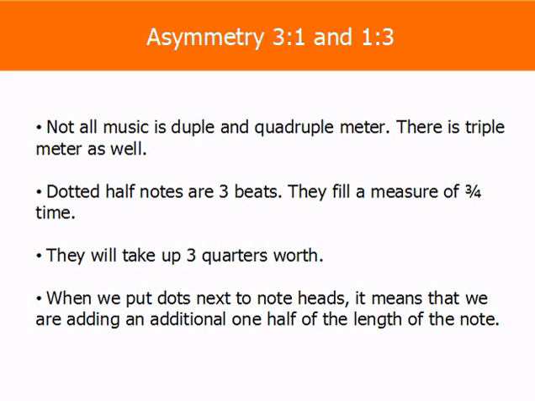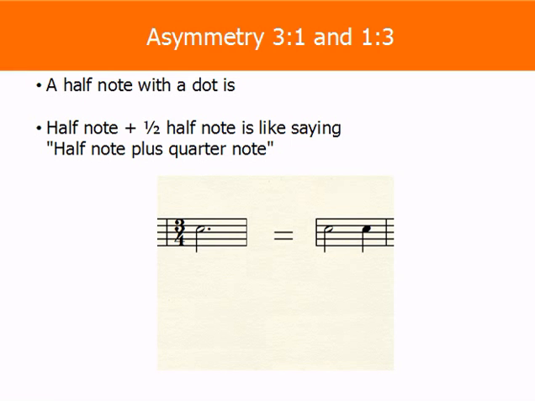When we put dots next to the note head, it means what? That we're adding an additional 1/2 of the length of the note to the note. So look again here. Remember, this is not 6/8 time. This dotted half note is going to be 3 beats.